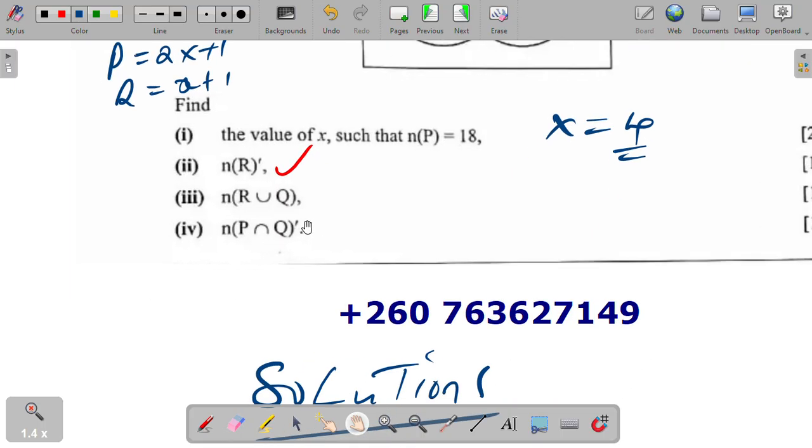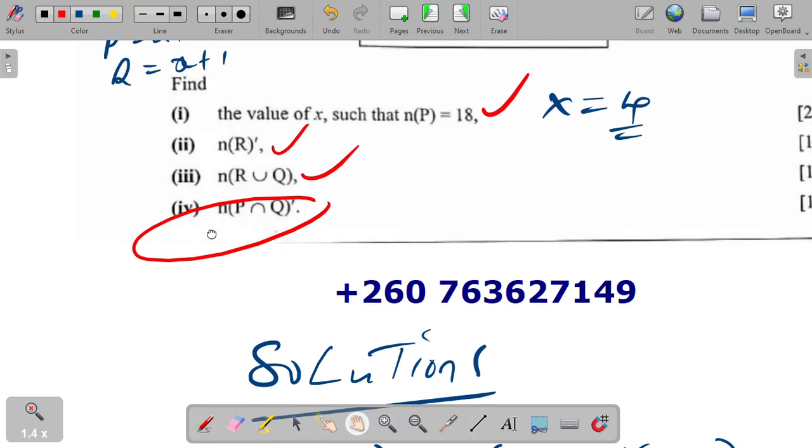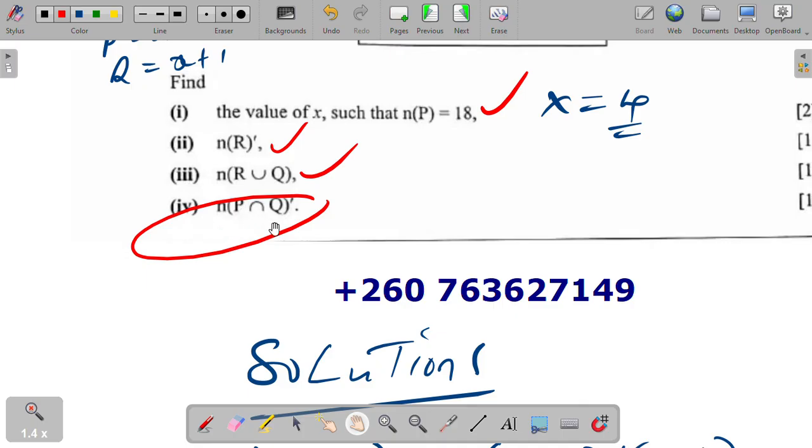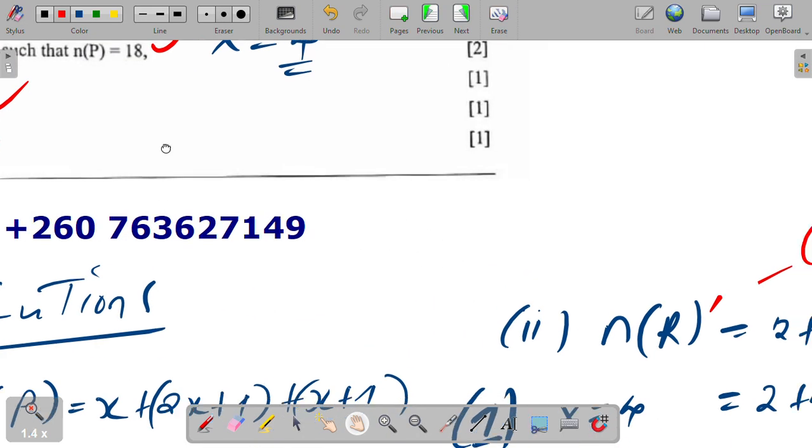The last question is saying, okay, we have calculated this and found this, and now we're about to find this part. We find n, the number of elements in (P intersection Q) complement.